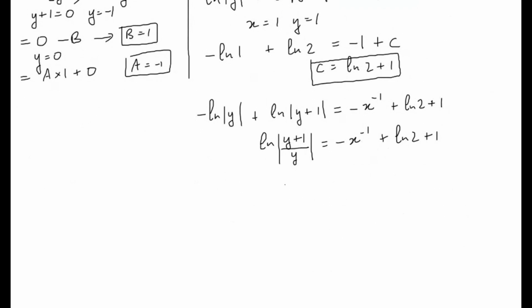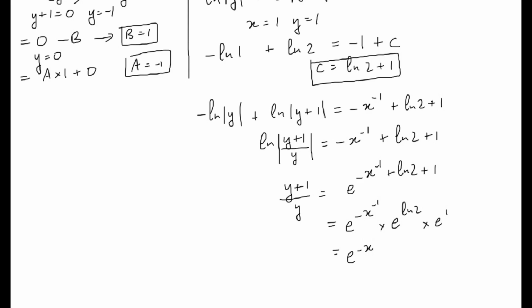So y plus 1 by y is equal to e to the power of negative x to the power minus 1 plus ln 2 plus 1, which can be simplified to e to the power of negative x to the power minus 1 into e to the power of ln 2 into e to the power of 1. The first term remains e to the power of negative x to the power minus 1. E to the power of ln 2 is just 2. You can put that in your calculator and check. And into e.